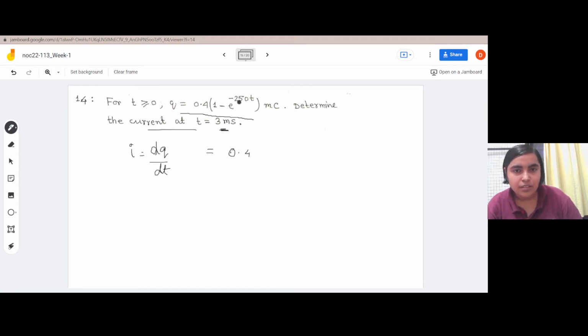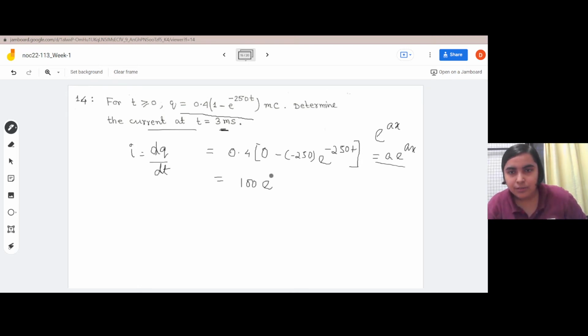The first one is a constant. The second one is 250, right? Suppose there is e to the power ax, differentiating that gives a times e to the power ax, right? So it is 100 into e to the power minus 250t, right?